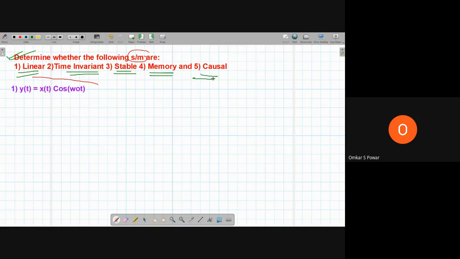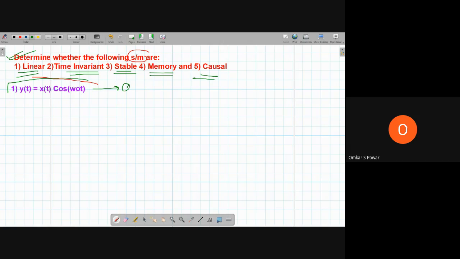The first thing is to understand the question. So the question is to find out whether your system is linear, time invariant, stable, memory, and causal. There is a step-by-step procedure we have to follow to solve this problem. So this is the given equation.